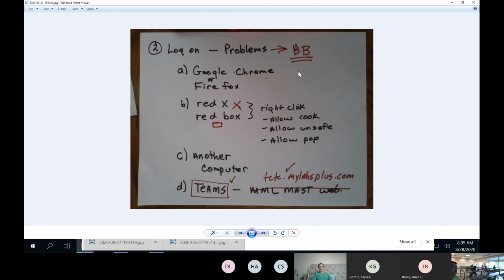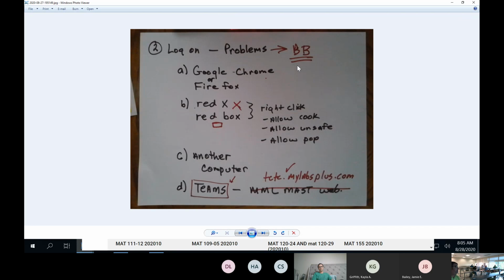Sometimes when you log in to MyLabs Plus, you might have problems. Okay, what kind of problems? Well, you won't be able to see something, or the screen is white. That could be a Blackboard problem, because most of our problems are coming from Blackboard.